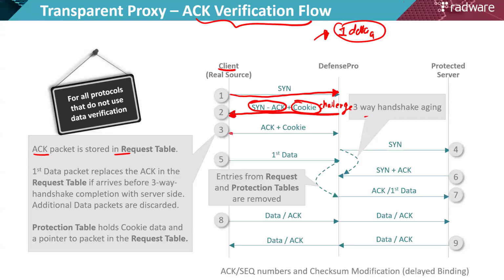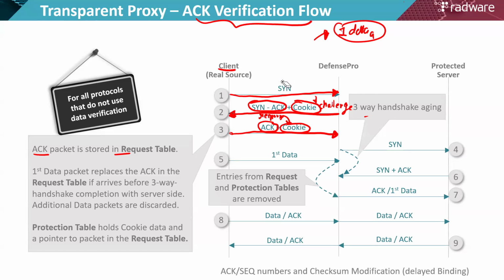At this point, the client needs to send an ACK response, along with a response which is basically sending back what was sent by the defense pro. This particular cookie is not a layer 7 cookie. It is a hash of the parameters present within the initial SYN request.